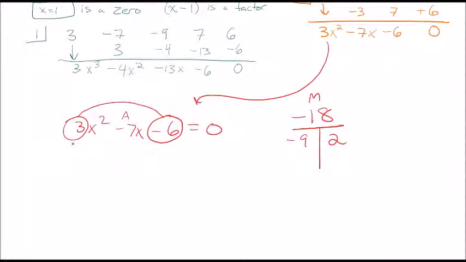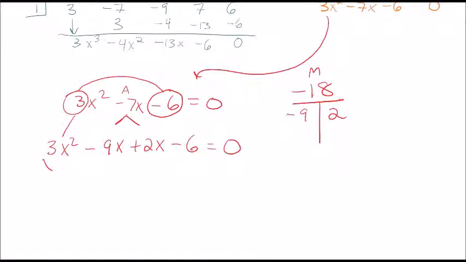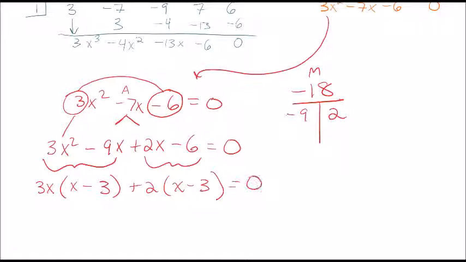So I'm going to rewrite this function. I bring this down. 3x squared. I split the -7x into -9x plus 2x. Bring down the -6, equals 0. Then we go ahead and factor this by grouping. From the first part here, I pull out a 3x, and that leaves me with x minus 3. From this other two terms here, I factor out a 2. Leaves me with x minus 3.